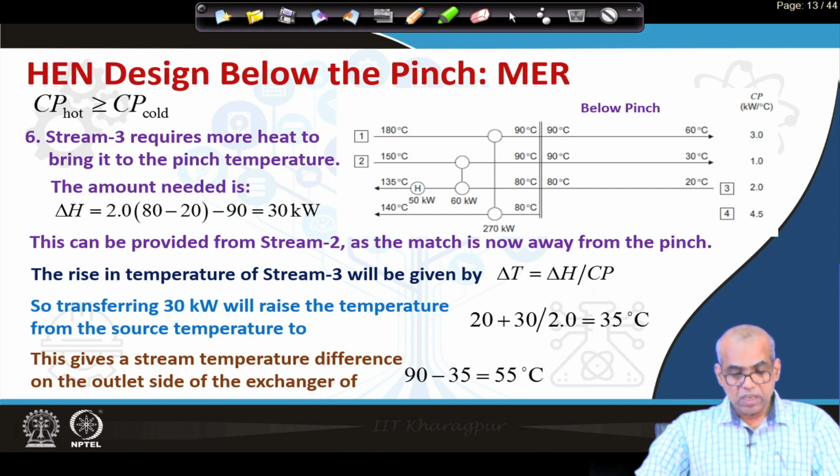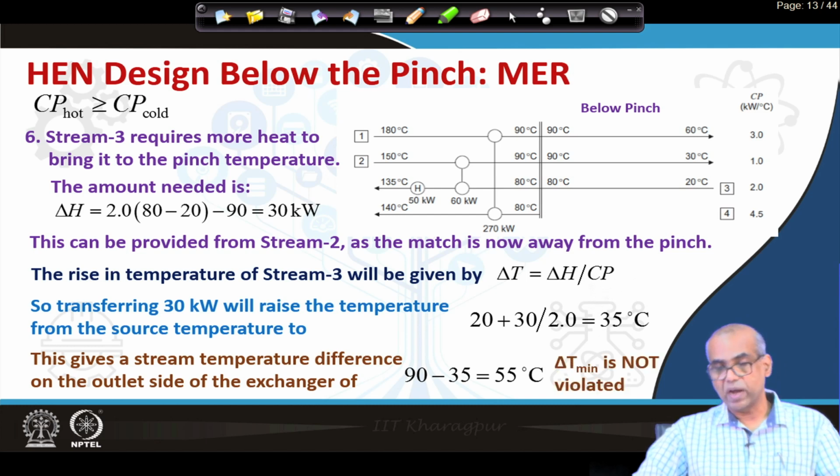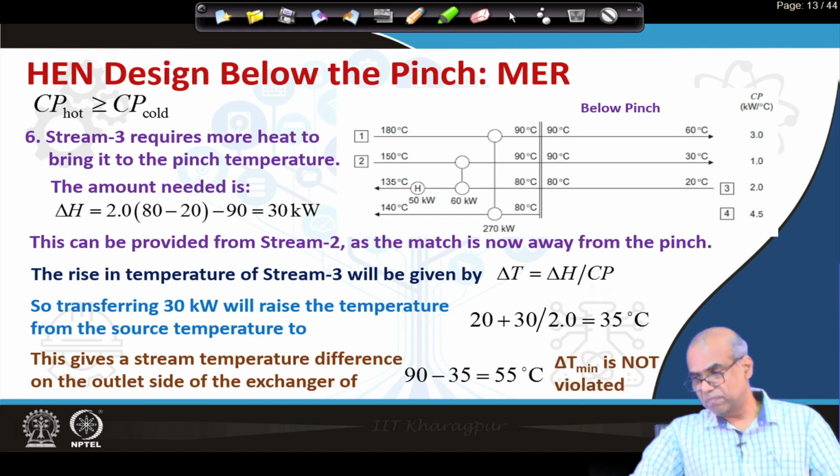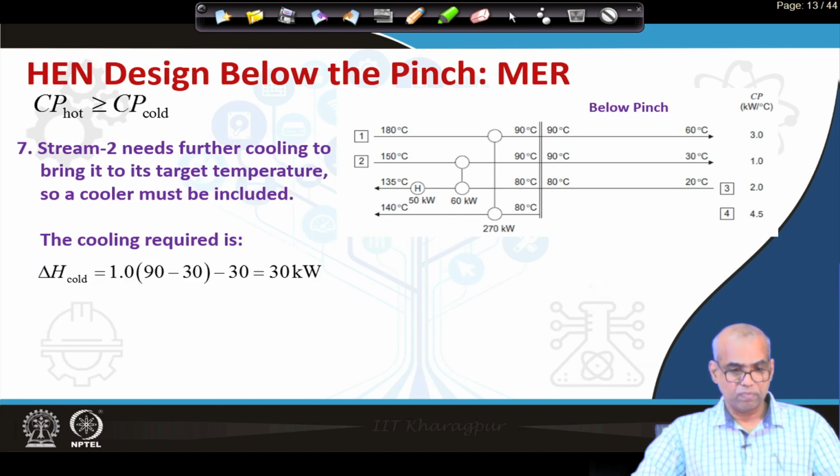So, this will give a temperature difference on the outlet side of the exchanger as 90 minus 35, which is 55 degrees Celsius. So, definitely it is not violating the delta T minimum. So, the match is feasible.